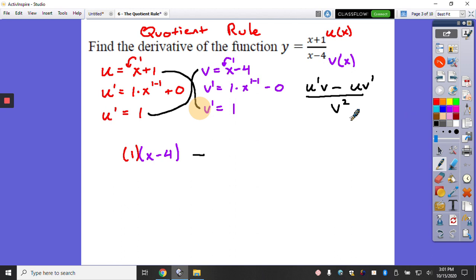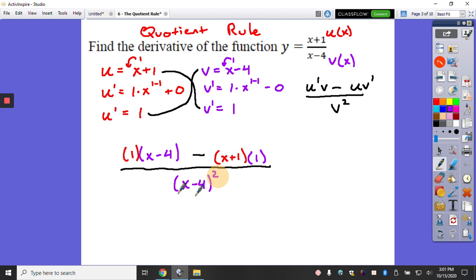So that's going to be x plus 1 times 1. And then all of this is over v squared. So what I'll do is I'll take v, which is x minus 4, and I'm just going to write that squared.